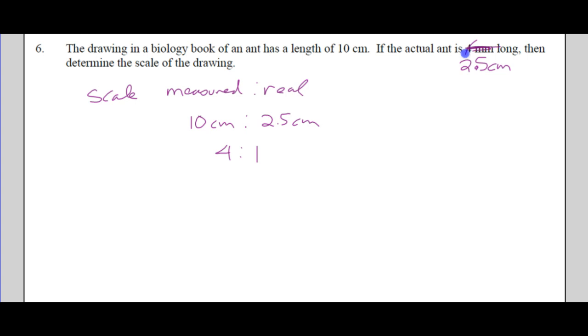Okay, so that's blowing up, right? 4 to 1 is making the representation 4 times the size of the real thing, whereas 1 to 20 is scaling down, right? So 1 centimeter is 20 kilometers. So 4 to 1.